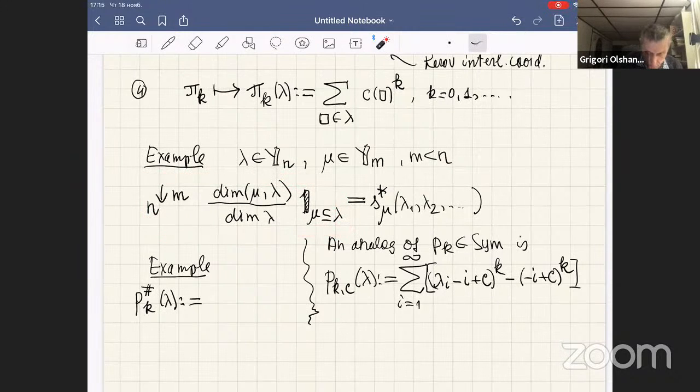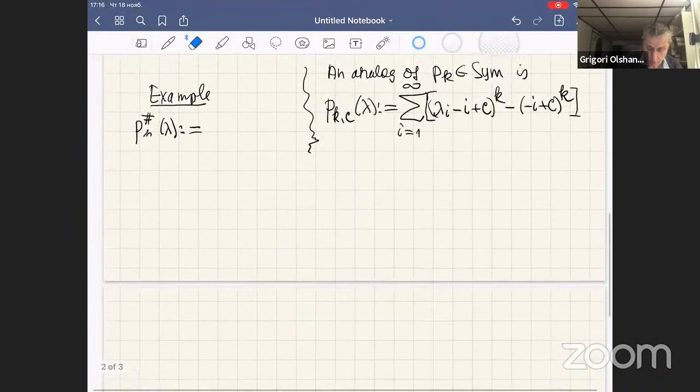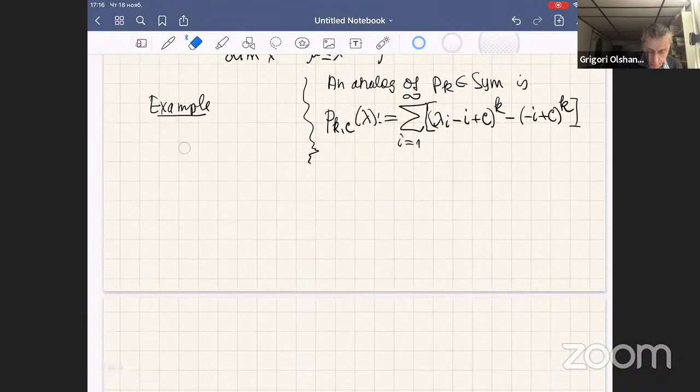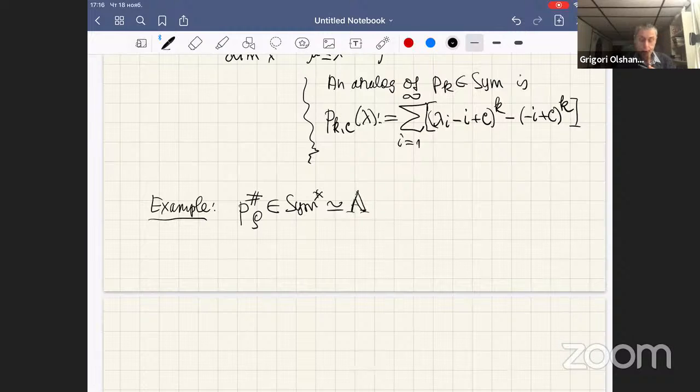Namely, no, maybe I will write it a bit differently, sorry. So I want to sample a function that is defined as follows.